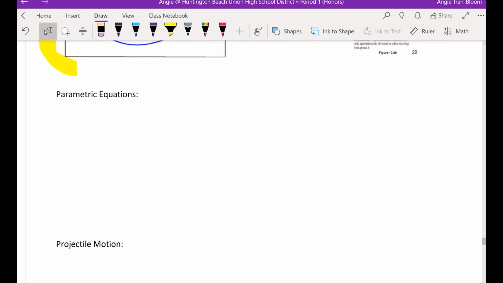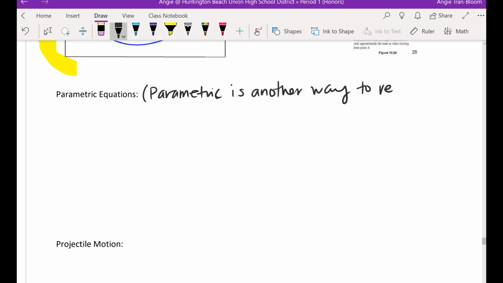Parametric equations. So parametric is another way to represent graphs. Just one more way to represent graphs. Okay, here we go.